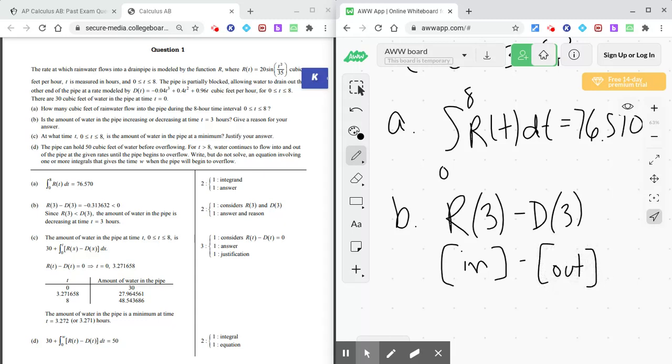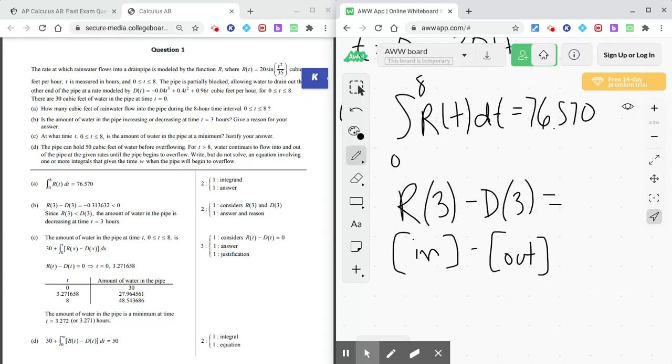Well, if you compare those two, that difference, regardless of what it actually is, is negative, which means that r of 3 is less than d of 3. In other words, d of 3, the rate at which water is flowing out, is greater than r of 3, the rate at which the water is flowing in.